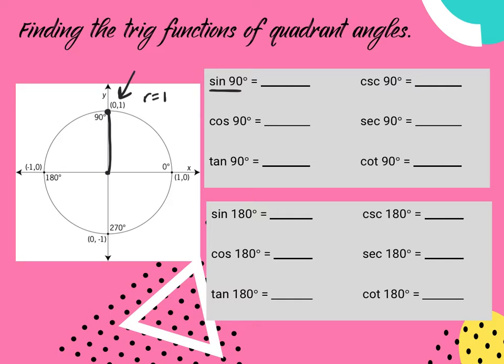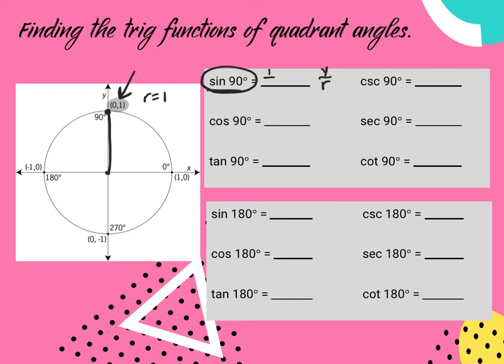So if I go to sine of 90 degrees, sine would be the y over the r. What's the y at 90 degrees? That's my coordinate point. The y there is 1.